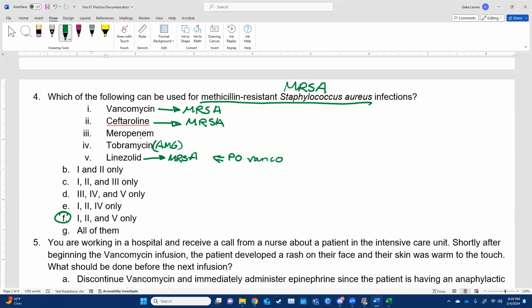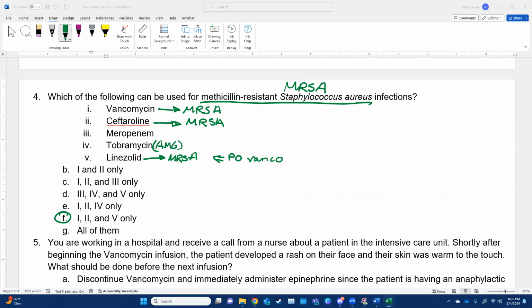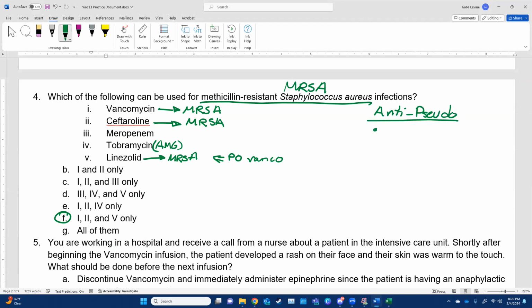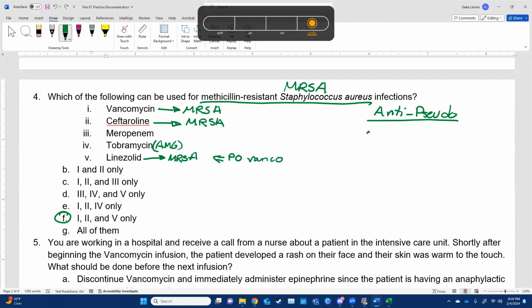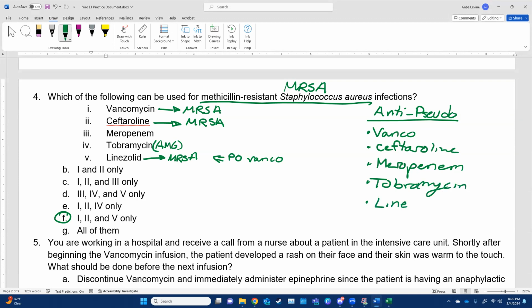Which ones are going to work anti-Pseudomonas? Which ones are anti-Pseudomonas? Nasal.